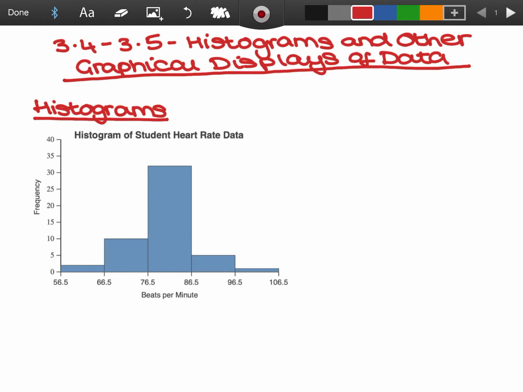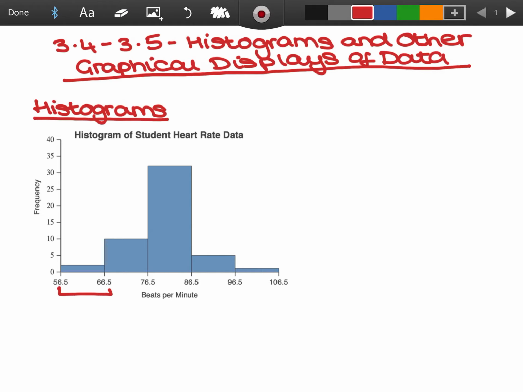So the endpoints of these classes are actually like 56.5, 66.5, etc., because that first class in the last video was actually 57 through to 66. But anything 56.5 and above would round to 57, so it would be in that class. And anything below 66.5, so 66.49 recurring and below, would fall in that particular class.